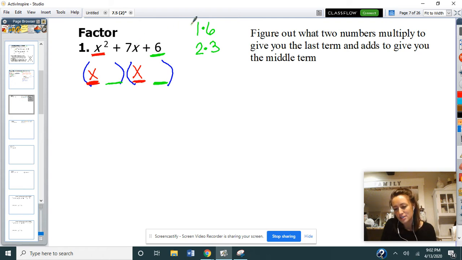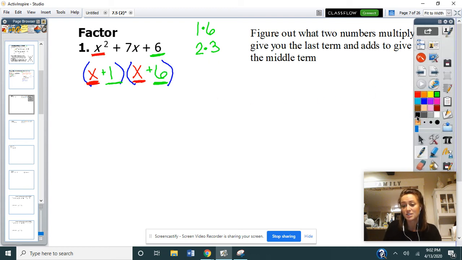Now, adds, or you can say subtracts, because adding a negative is the same thing as subtracting. But anyways, we've got 2 and 3. That does not add up to give me 7, but 1 and 6 does. So we know we're going to put positive 1 and positive 6. And that's my answer. This is factored.